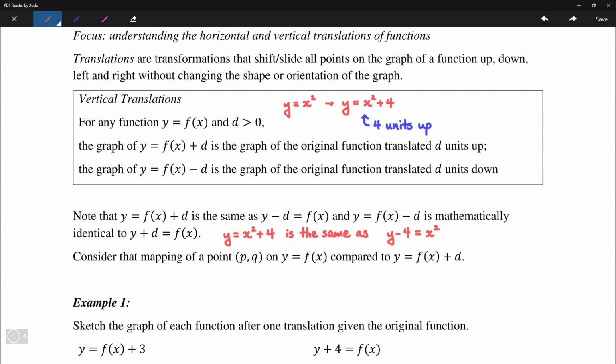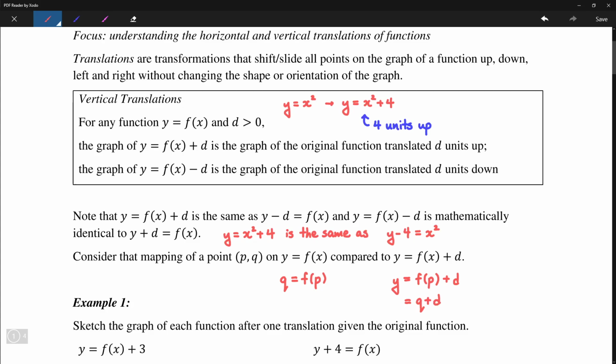We can also think about functions as mapping. Let's say, for example, the point P, Q is on y equals f of x, and that is to say that Q is equal to f of P. Then if we compare that to y equals f of x plus d, we have y equals f of P plus d, which is Q plus d.